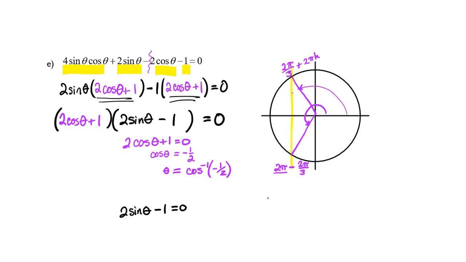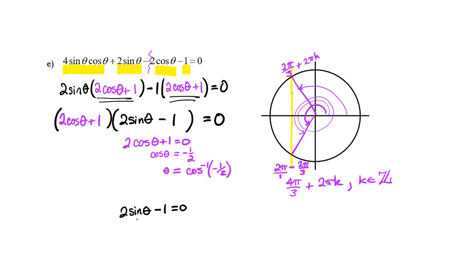This will give me, as previously mentioned, a common denominator of 6 pi over 3 minus 2 pi over 3, which is 4 pi over 3. And then every additional rotation will be plus 2 pi k, where k is an element of the integers.